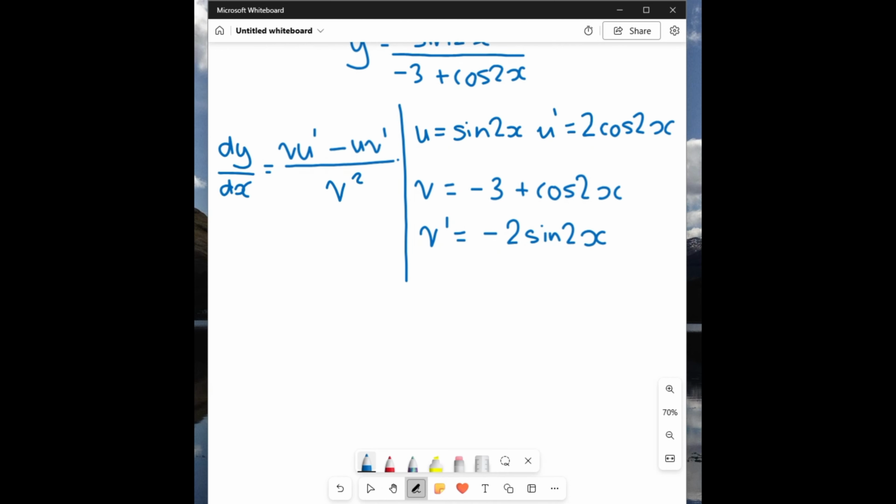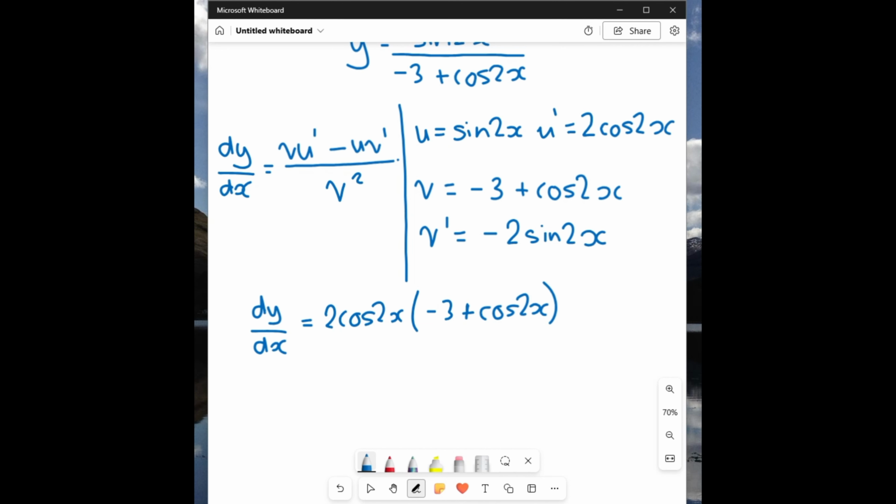So we now put the u's and v's into our quotient rule. So dy by dx: v multiplied by u dash, so that will be, sorry, it's u dash, isn't it? So 2 cos 2x multiplied by v, which is minus 3 plus cos 2x.